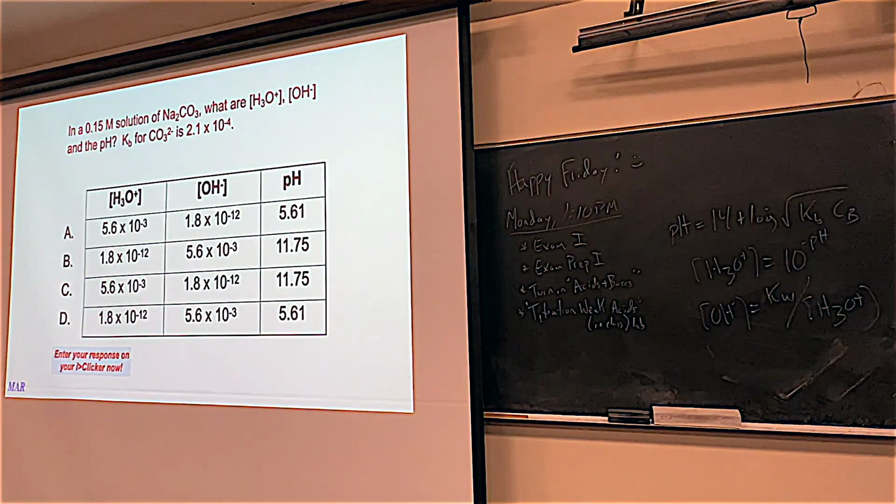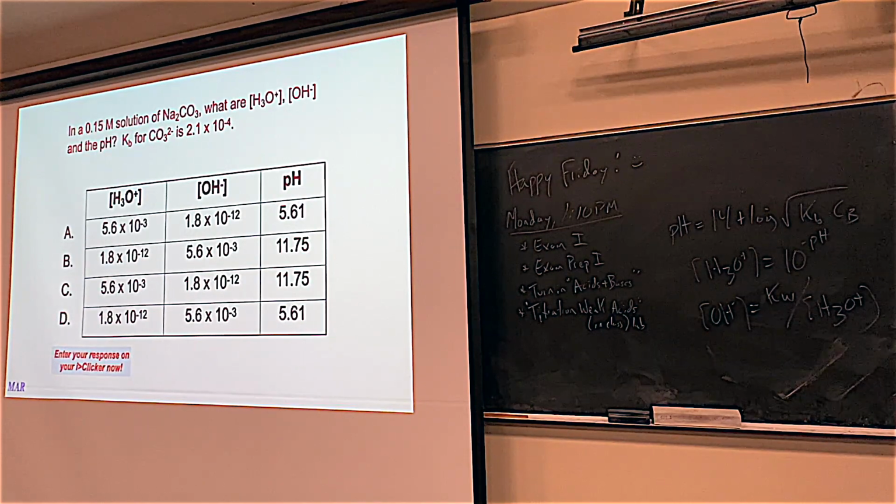What's the value of Kw? 10 to the minus 14th, well done. So this is a cool way to do this problem, absolutely. But if you want to be kind of tricky about it, if it's a base, what range of pHs would you expect to have?